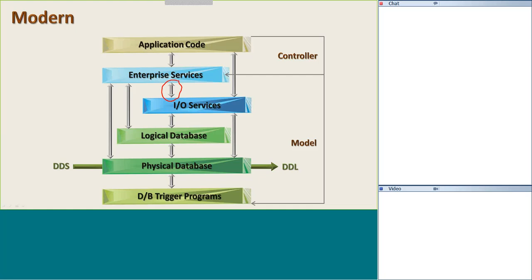Pretty much any database activity that the enterprise services are doing should be done directly through the I/O services, but I have provided arrows for access to the logical databases and directly down to the physical databases as well.